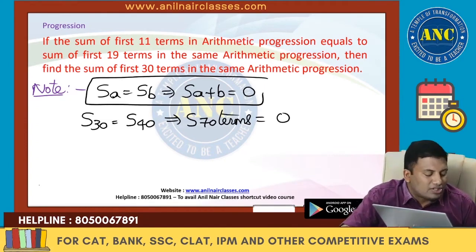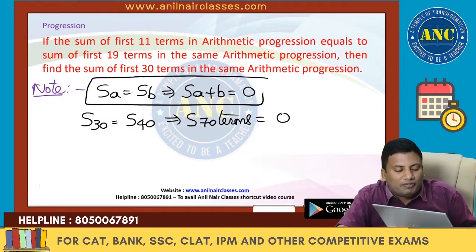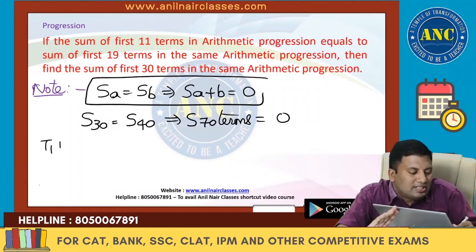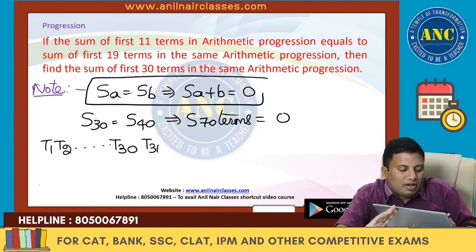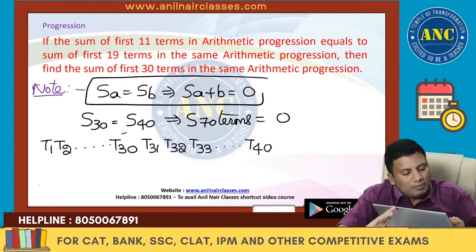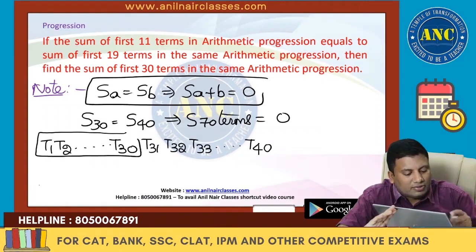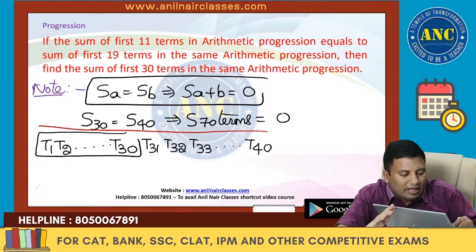If anybody asks you for the proof of why it is happening, you can easily say sum of 30 terms is T1 to T30. Sum of 40 terms is T31, T32, T33 till T40. Sum of the first 30 terms is equivalent to sum of the total 40 terms.